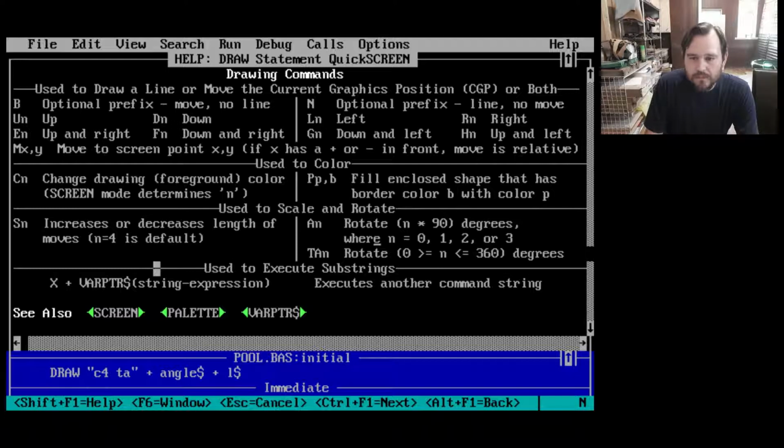The reason it's in degrees and not radians is because all of these numbers have to be integers. You cannot have decimal numbers inside of a draw statement. So that is why they use degrees, because with degrees, at least you can have 360 different values. If they used radians, all you could get is 1, 2, 3, 4, 5, 6, which doesn't give you much precision at all.